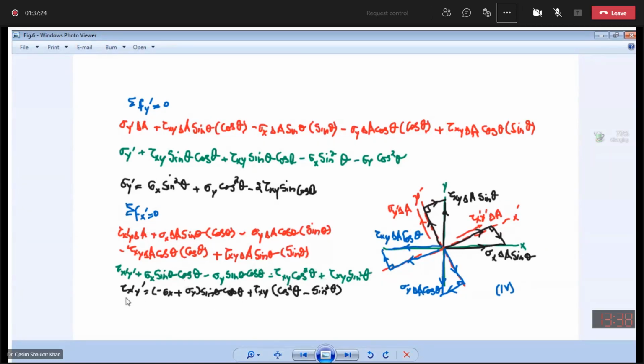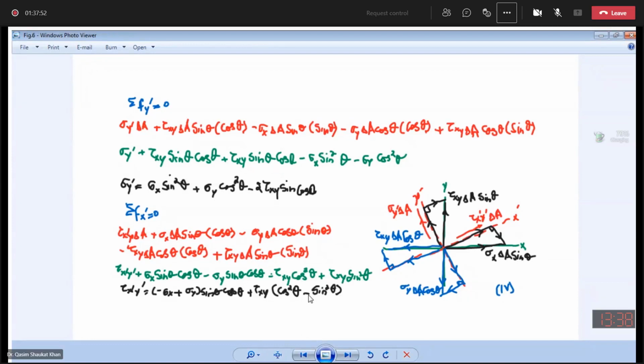So my equation will become tau x dash y dash is equal to, I'm taking sine theta cos theta as common, so minus sigma x plus sigma y sine theta cos theta. Then I'm taking tau xy as common, so this will become tau xy cos square theta minus sine square theta. Is this clear?